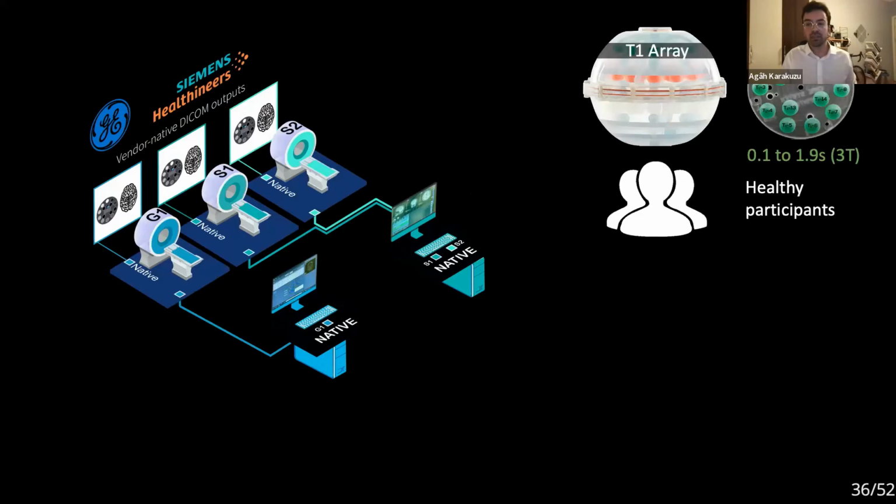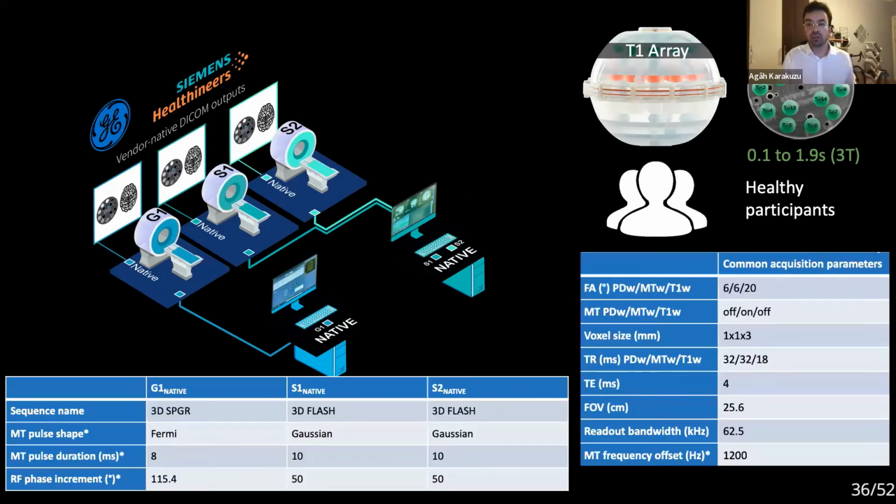And to test that, we scanned the ISMRM-NIST system phantom and 3 healthy participants on 1 GE and 2 Siemens 3T clinical scanners, first using a vendor native MT-SAT protocol. We equalized the acquisition parameters between different scanners as much as possible, but of course there were some inevitable vendor-specific differences.